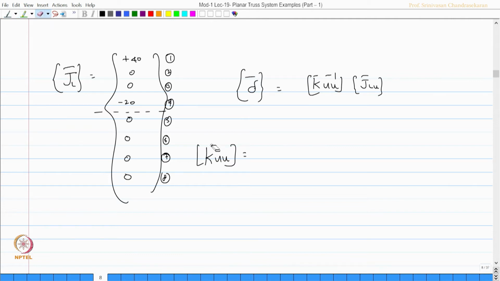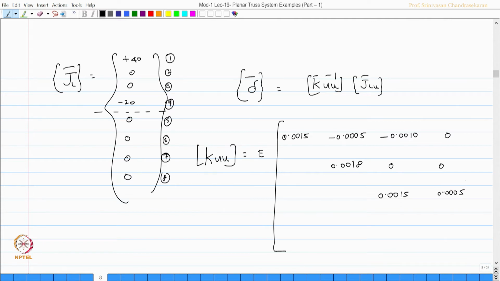Let us first find k u, which will be actually E times of 0.0015, minus 0.0005, minus 0.0010 and 0, 0.0018, 0, 0, 0.0015 and 0.0005 and 0.0018 with symmetry here, and the labels could be 1, 2, 3 and 4 for the unrestrained degrees of freedom.